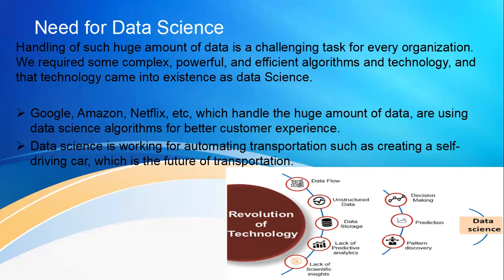All these systems generate such a huge amount of data. You can recall how many terabytes of data are getting generated in the last 5 years. Most importantly, the most important source of data is your mobile phone, right? You browse so many things in a day. You watch so many videos, you watch so many movies, you purchase so many items online. So your mobile phone is the main source of data generation.